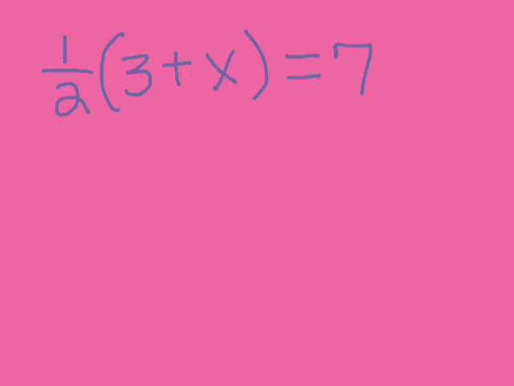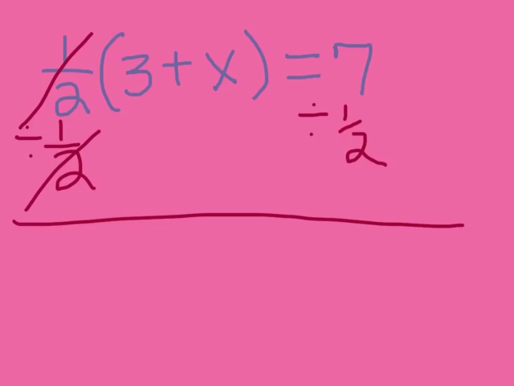Here's one with a fraction. So 1/2 times the quantity 3 plus x equals 7. So how do I undo that times a half? I divide both sides by a half. But you might remember that dividing by a half is the same as multiplying by 2. So over here I did it just to undo, so I won't worry about turning it into multiplying by 2.